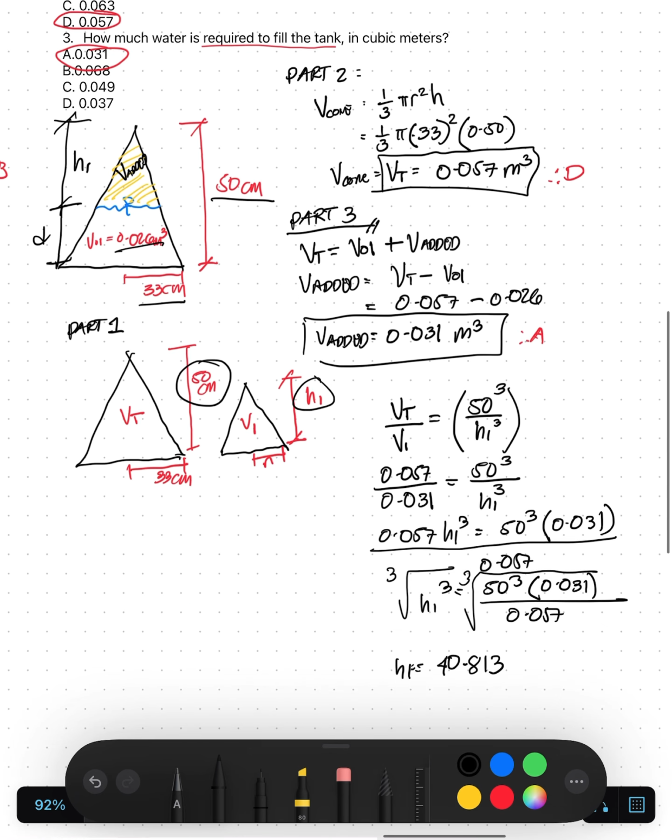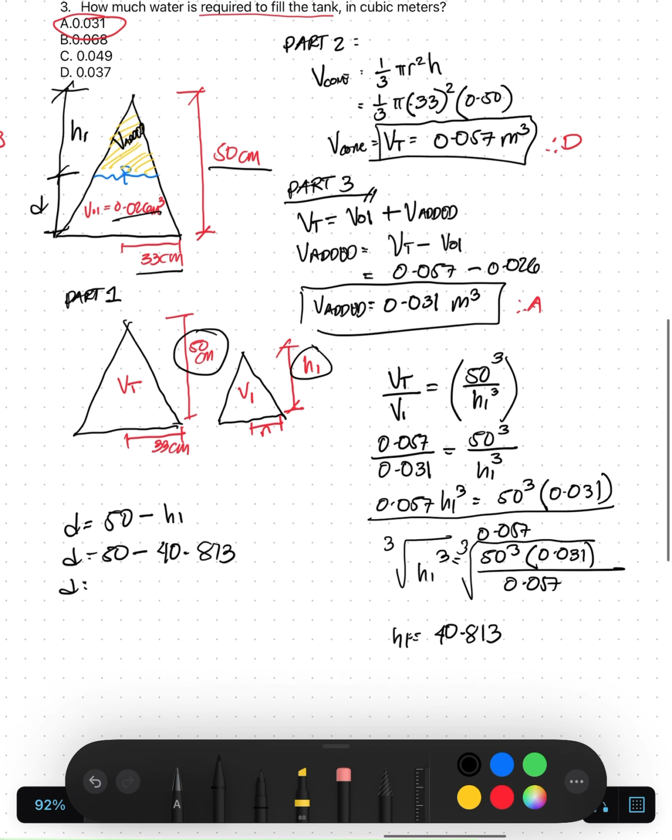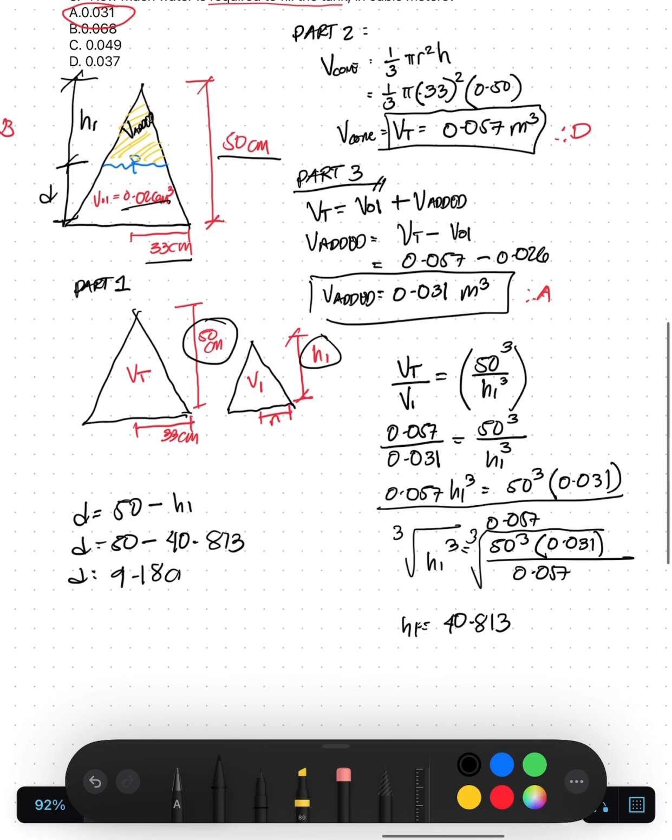Therefore, depth is equal to 50 minus h1, or 50 minus 40.813, which is equivalent to 9.18 centimeters.